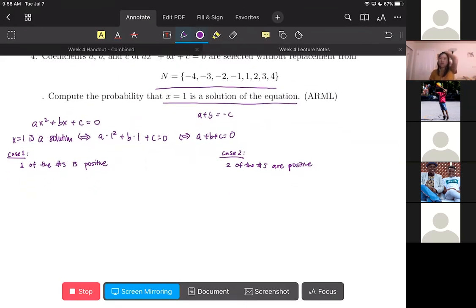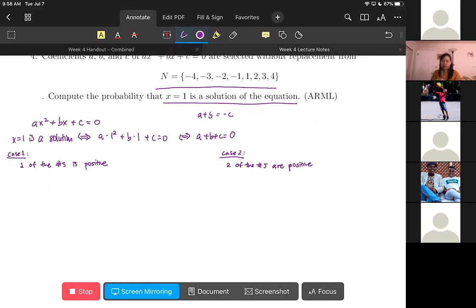Is it possible for none of the numbers to be positive? I would say no, because a plus b plus c equals 0, so a plus b equals -c. We can't have none of the numbers be positive, and we also can't have all the numbers be positive. We need some positive and some negative for it to add up to 0.